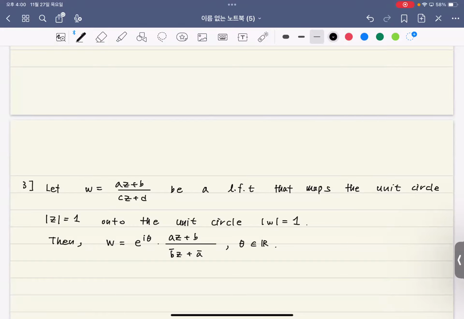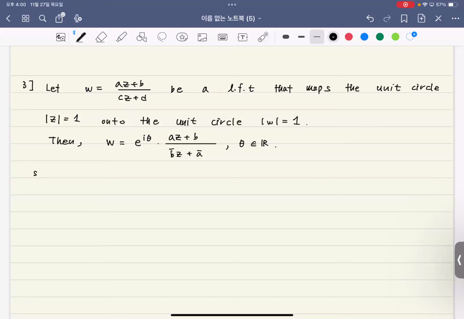This number and that number are complex conjugates of each other, and this number and that number are also complex conjugates of each other, times some rotation factor, rotation by theta radians. So it tells us that every such linear fractional transformation can be written in this form.